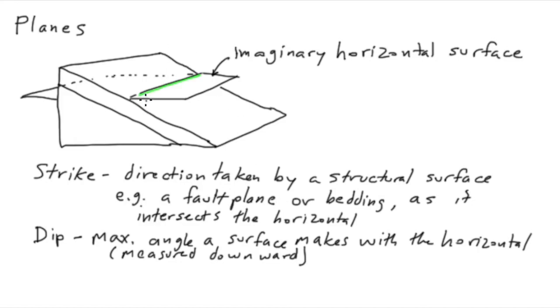So this angle right there, that's the dip angle. And we will measure that different ways. On this screen, you could measure that with a protractor. It's something like about a 30-degree angle.